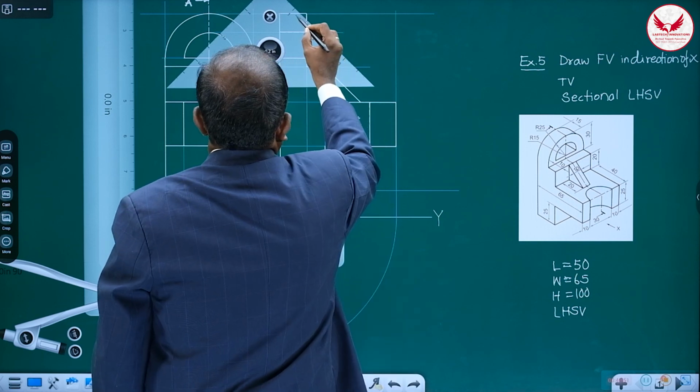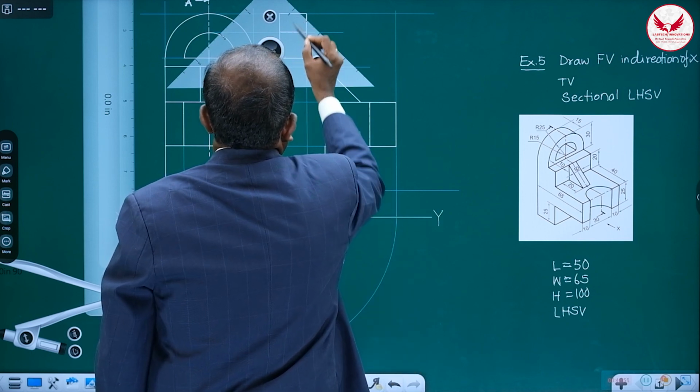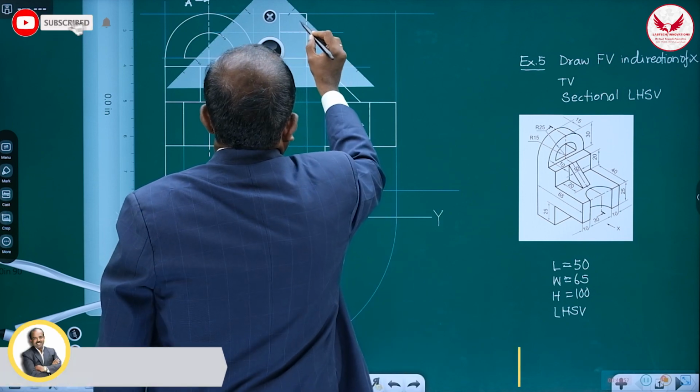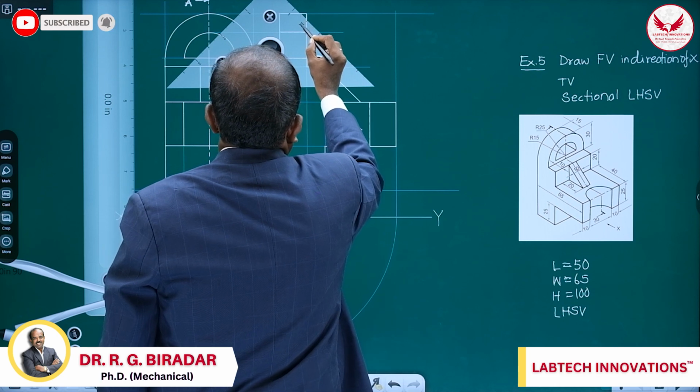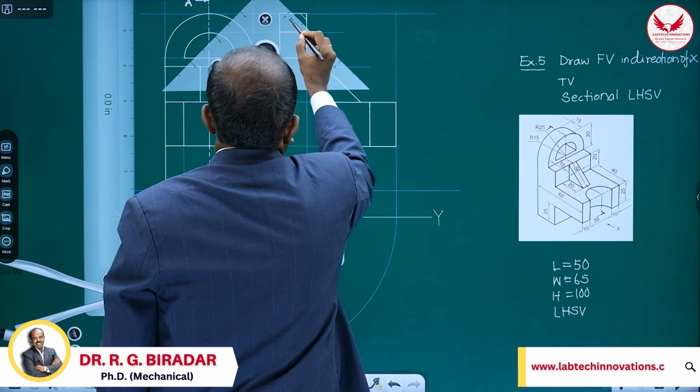it requires a lot of concentration. So this line should not cross the outer line, and it should touch also. The gap should be the same.